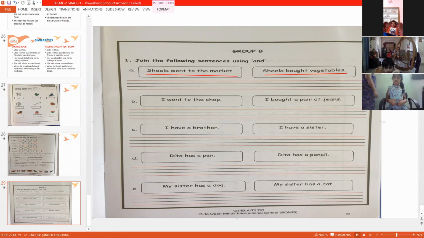When we are joining these two sentences with the help of and, we have to remove this full stop because these two sentences we are going to join to make one sentence. At the end of the sentence, you have to put a full stop and you have to remove this full stop. Clear, children? Now we will write this sentence using and.